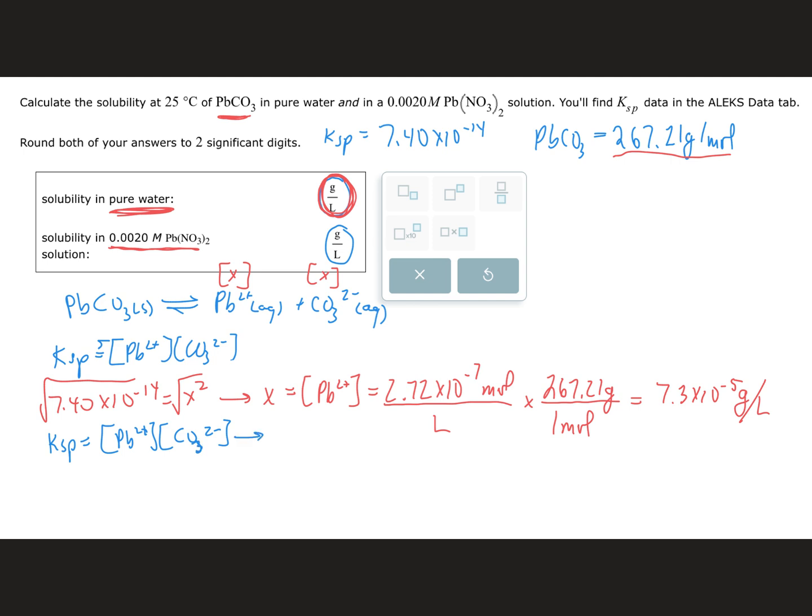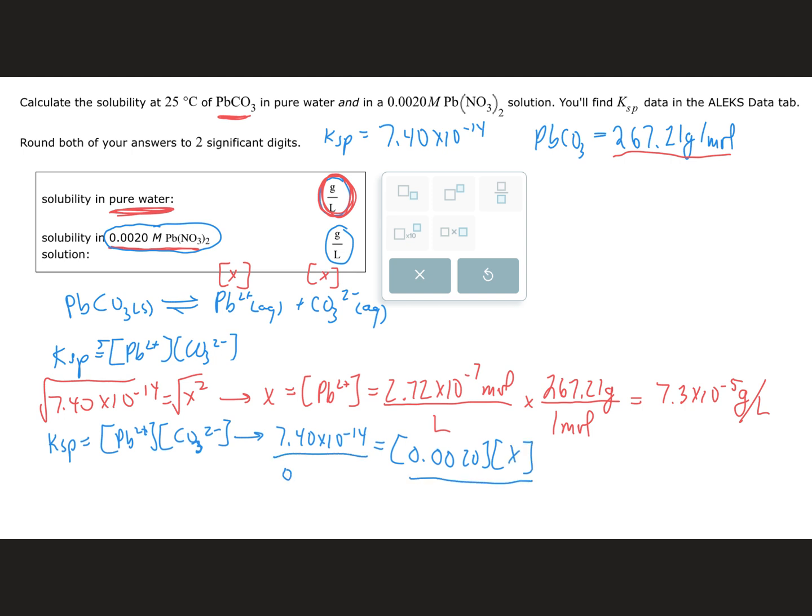The only difference here is 7.4 times 10 to the minus 14. My concentration of lead, I know that is 0.002, and that is from my strong electrolyte, lead nitrate. I don't know carbonate, that's my X.